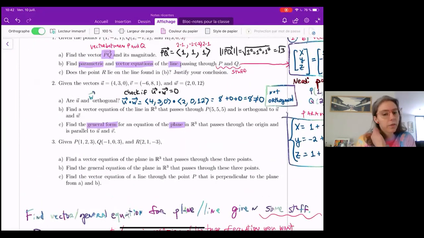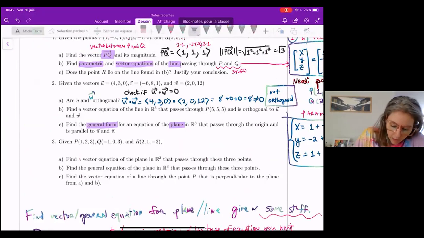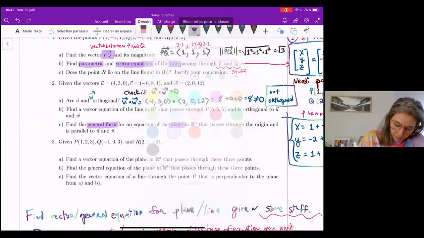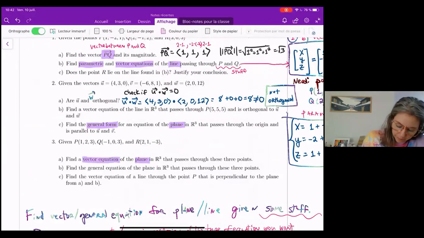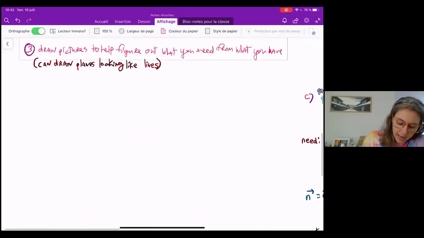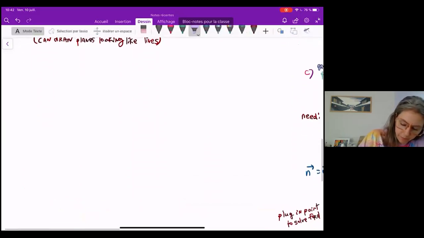Okay, so here we're given 3 points. And I want to find the vector equation of the plane that passes through these 3 points. So same as usual, I'm going to start by writing down my empty equation.